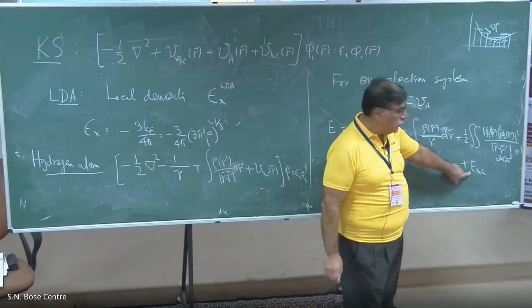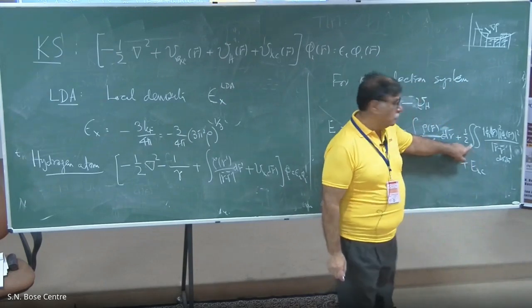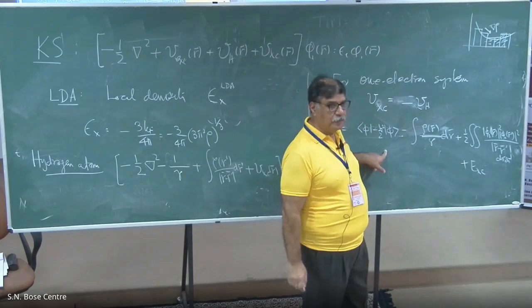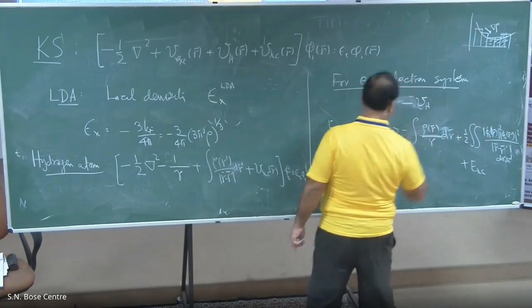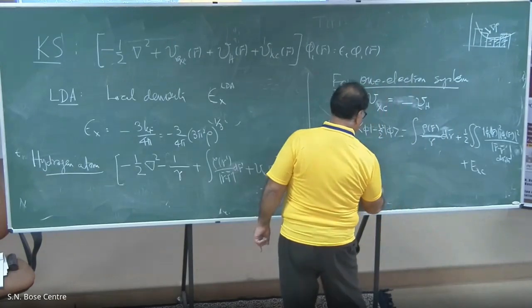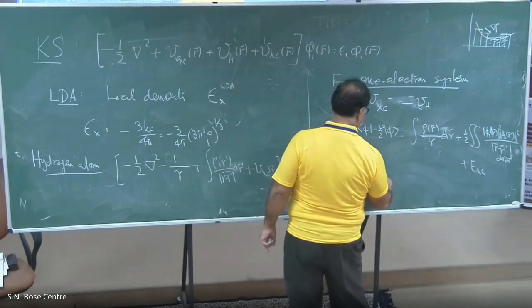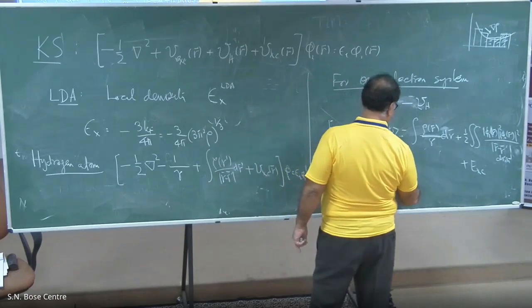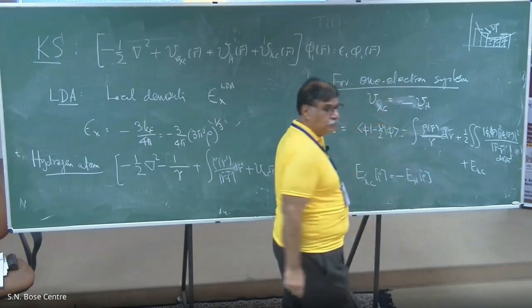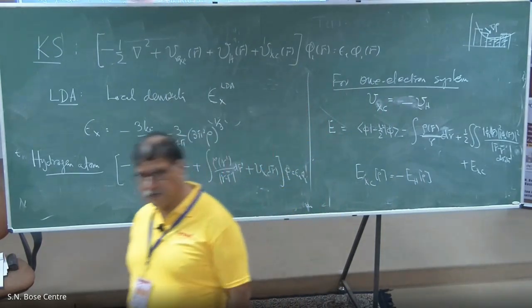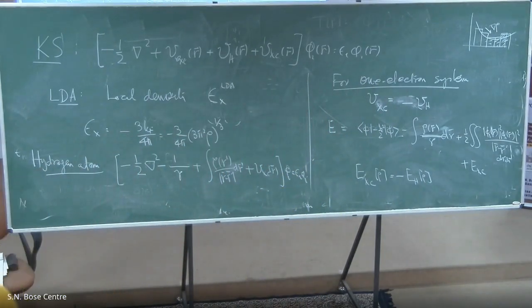This should be exactly minus of this. But hydrogen atom, this is clear. So for one electron systems, E_xc rho should be equal to minus E_H. Is that point clear? Because an electron cannot self-interact.